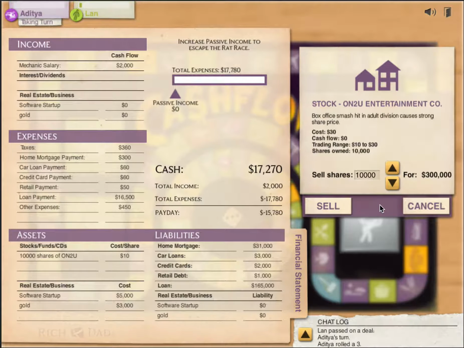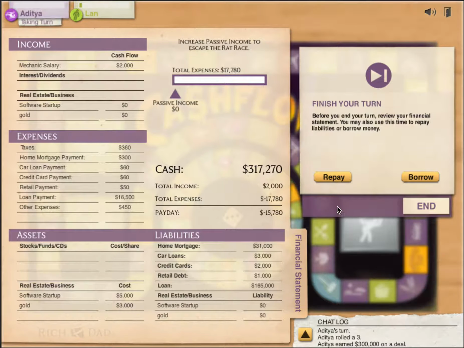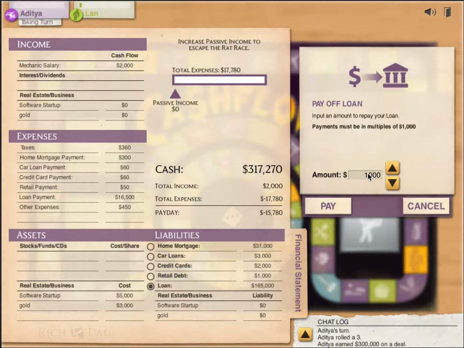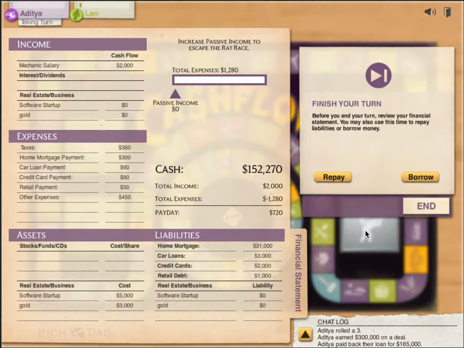So we're going to sell all our shares for $300,000, and we're going to repay the $165,000 that we had borrowed. Let's pay that off. And look at that, we're now left with $152,000 in cash.